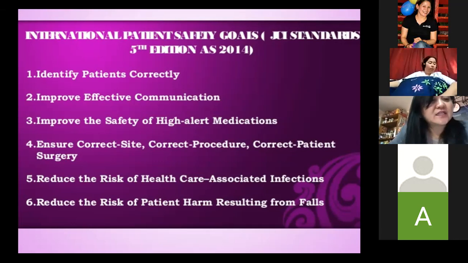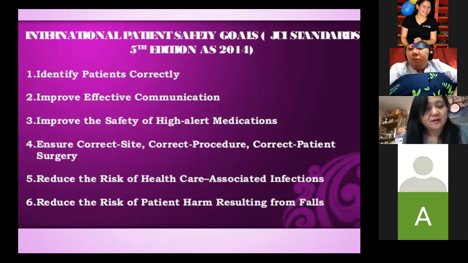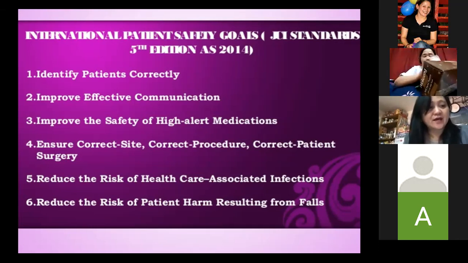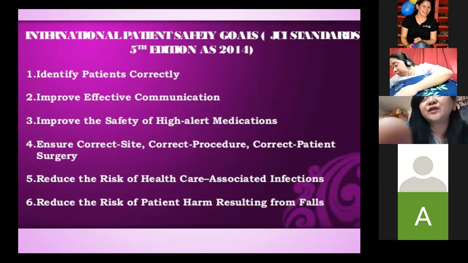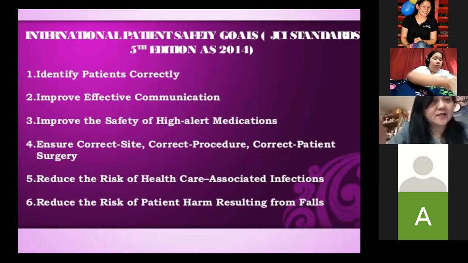To reduce the risk of healthcare-associated infection, we have to always do hand washing or hygiene. We also have to reduce the risk of patient harm resulting from falls. We have to put something like, for example, yung pangharang sa kama niya, the side rails.